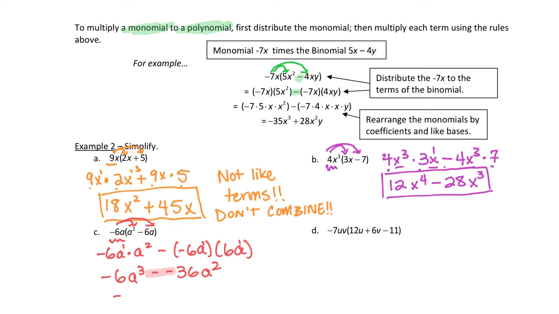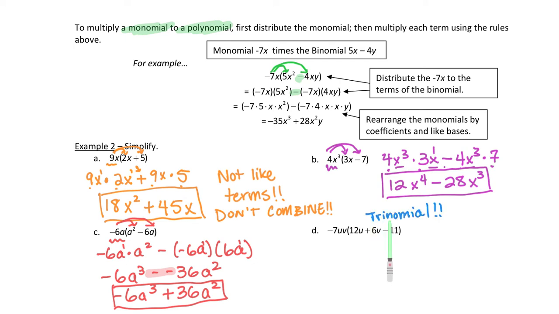Two negatives will always make a positive. So this will actually be positive 36a squared. Now, some of you will get to the point where you can do some of this in your head and you won't have to show this much work, but when you're first learning, it's important to slow down and really take your time.